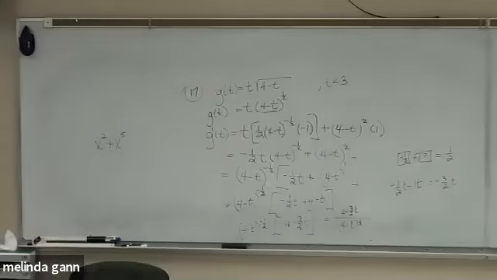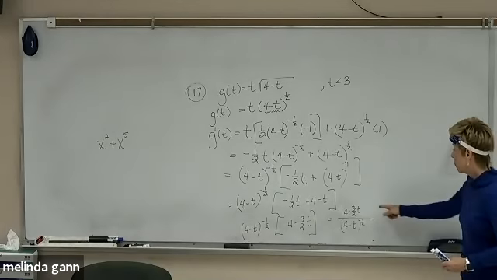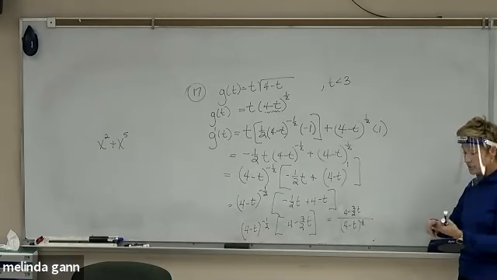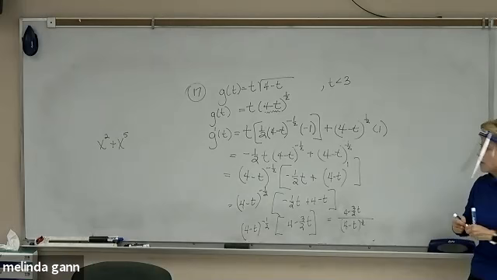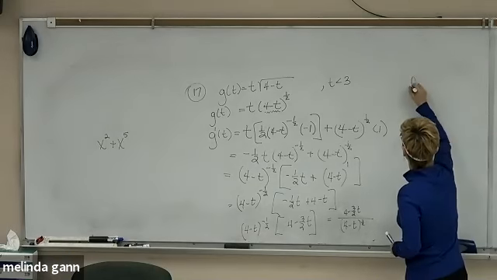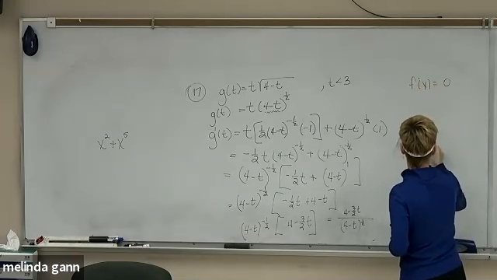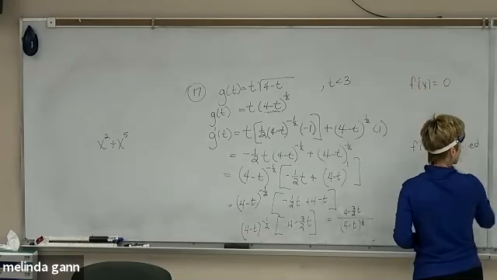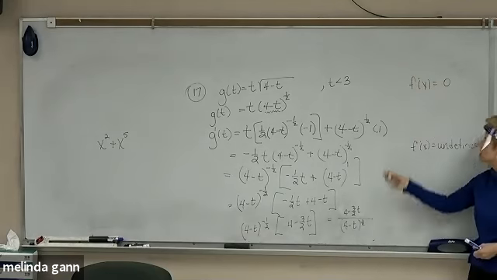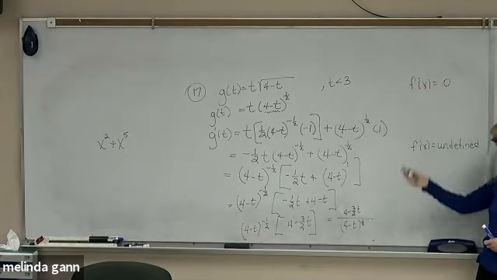So all we have to do right here is decide when is this derivative either 0 or what? Undefined. All right. So when is it equal to 0 and when is it undefined? All right. When is a fraction equal to 0? When the numerator is 0.